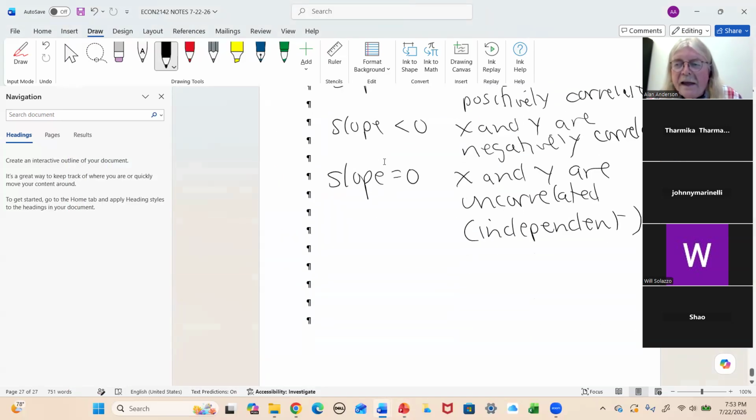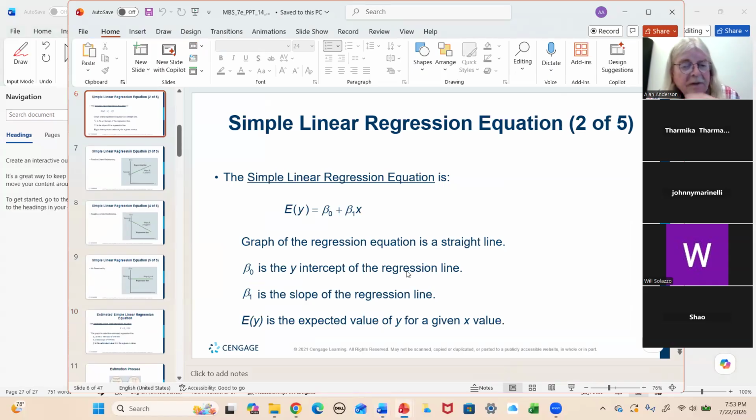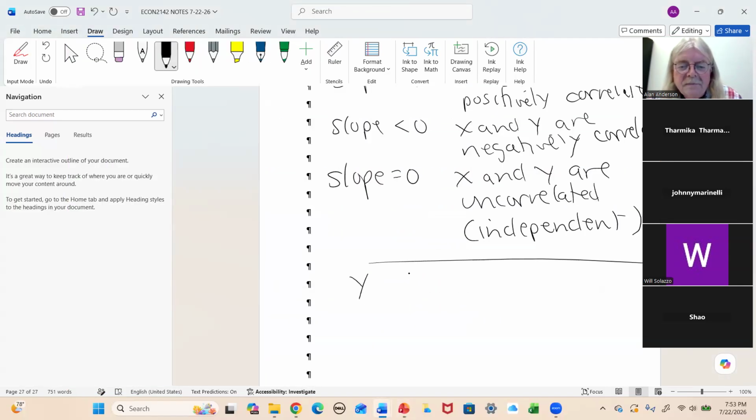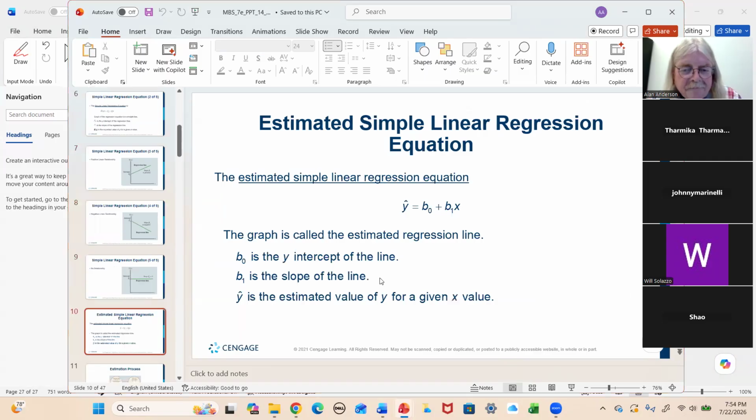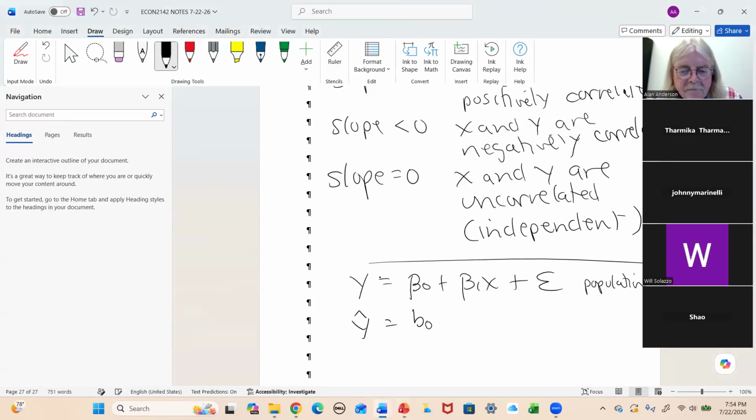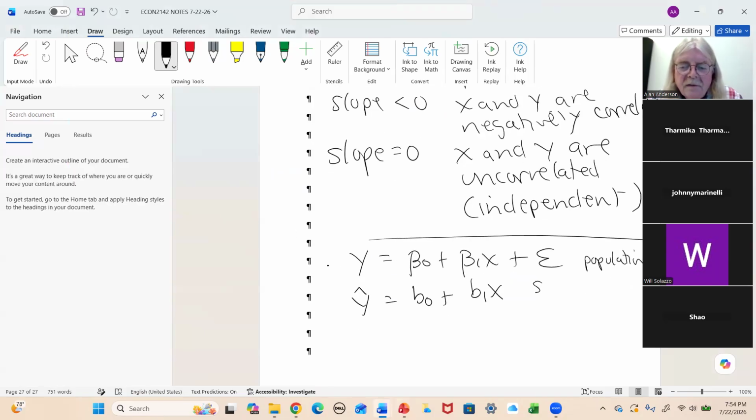Now, of course, we can't actually observe the entire population. So while this is our population regression line, I want to put them together so you can see how they are different. Here, you get a few different terms. This is the sample regression line.